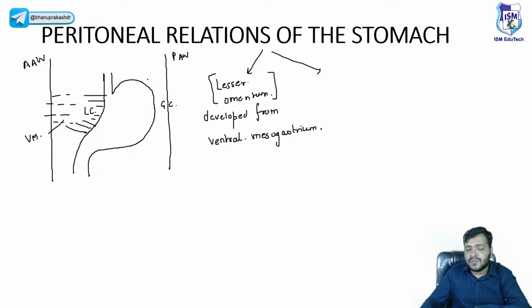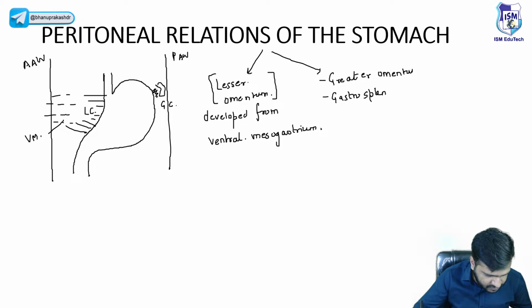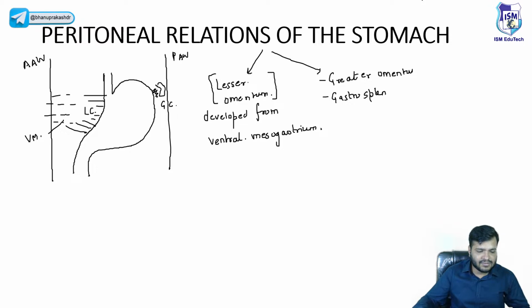And the ones which are developed from the dorsal mesogastrium, it is the greater omentum. Then we have the gastrosplenic ligament. Behind, the spleen is developing, and I had told you it is the ligament attaching from the greater curvature to the spleen, right? So yes, we have the gastrosplenic ligament.